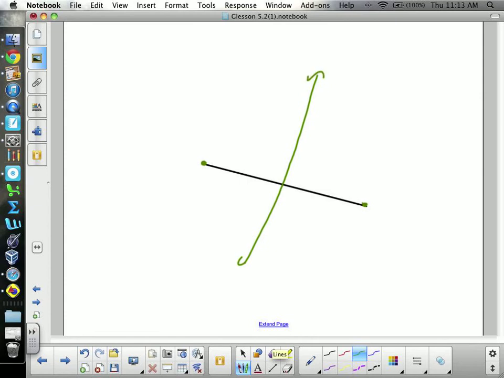This is the perpendicular bisector. And A, B, C. And it might say something like AB equals 7, BC equals X plus 9. And then you have to set up and solve an equation based on that.